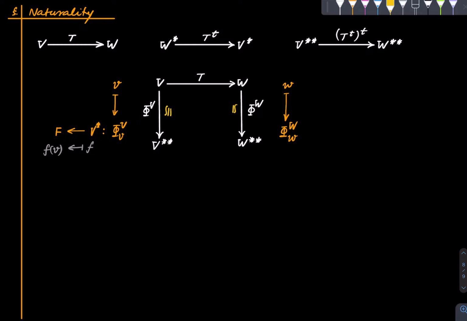These are linear isomorphisms. So if you start with a member of V double dual, go up via this isomorphism, because isomorphisms can be inverted, you go up, you go via T, and then you come down. You get something here. So that is some linear map, whose description is, first you invert this guy, then you compose with T, and then you compose with phi W. Our claim is that this is equal to T transpose transpose.